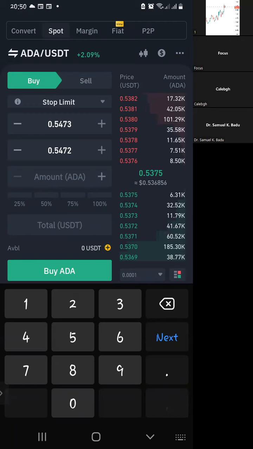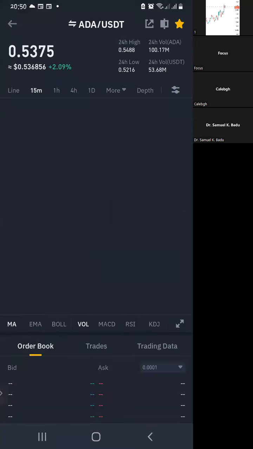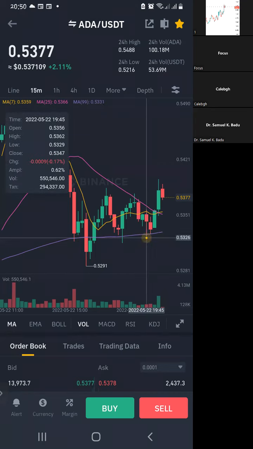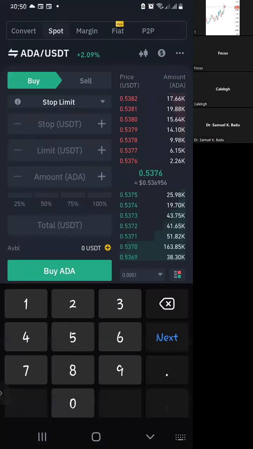So in that case, let's go back to the candle. Assuming that I wanted it to execute when the price drops to somewhere here, 0.5326. So when I come here, I can put my stop as 0.5736. Okay.